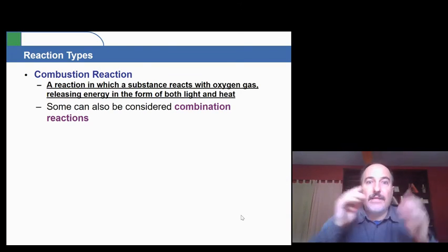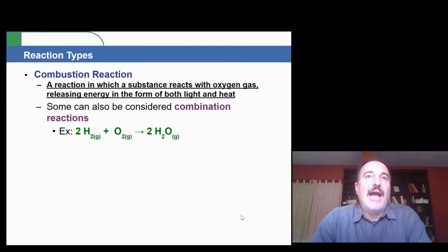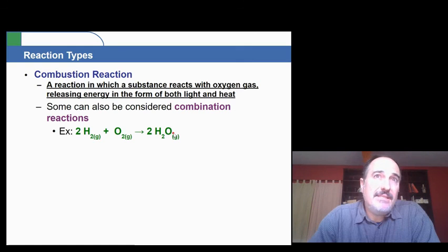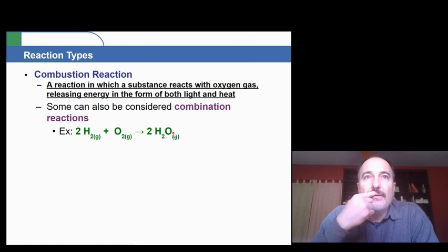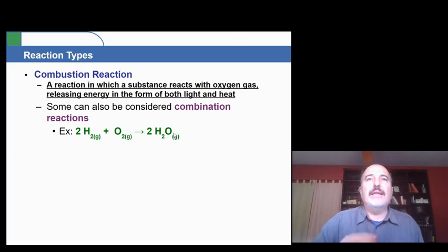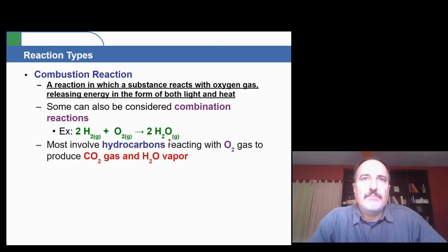That was the balloon exploding, if you remember way back when. So here we have hydrogen burning in oxygen to produce water. This is an example of the first type, where it doesn't have a hydrocarbon, but it's still burning, it's rapid, and it produces, like a combination reaction, a single compound.